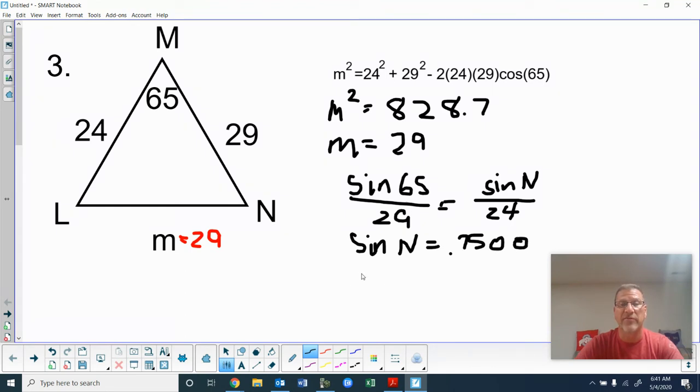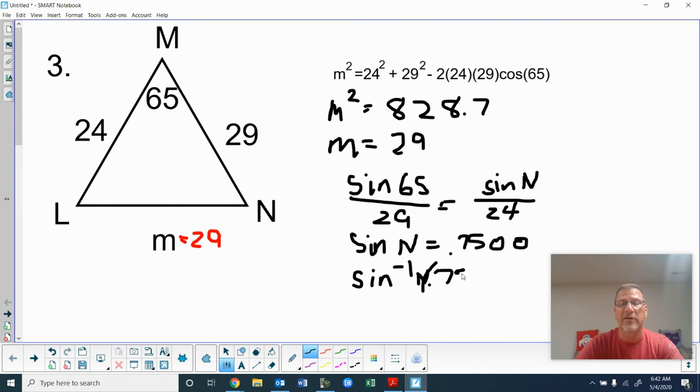All right, just remember I have to do inverse sine of that answer to find angle N. I don't know if some of you forgot that as well. Oops, not of N, but of 0.7500.